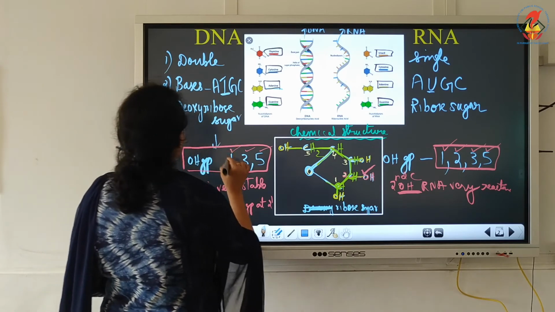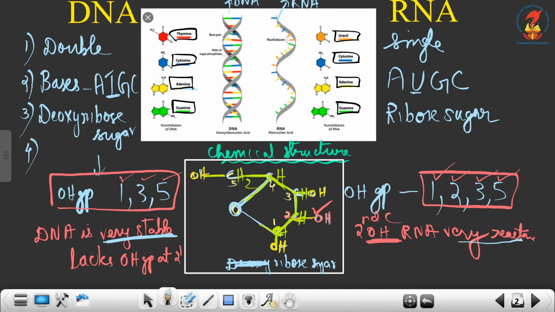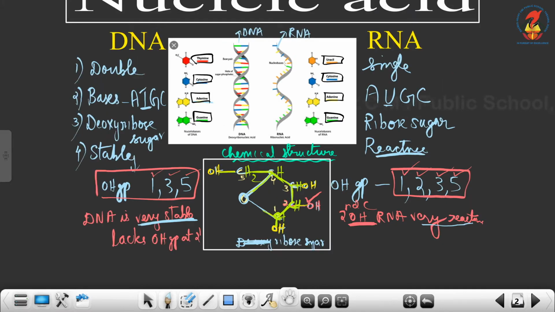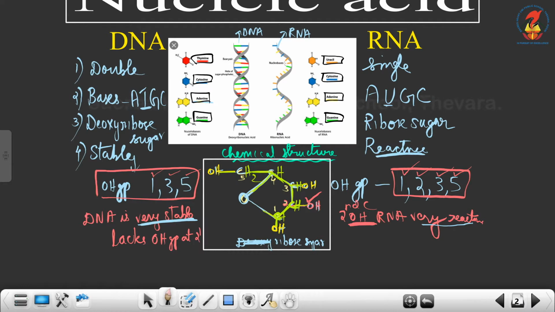And the final difference between DNA and RNA is what we said now: DNA is very stable, whereas RNA is unstable or very reactive. The reasons to support why DNA is stable are all the other features. It is double stranded, that's why it is stable.